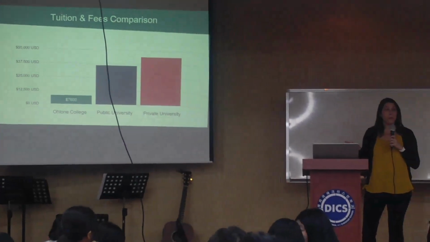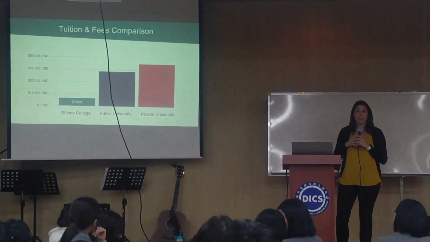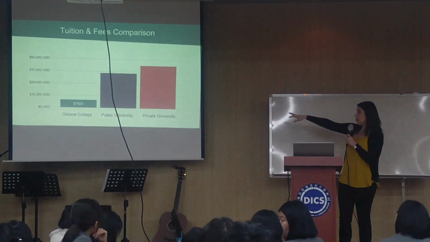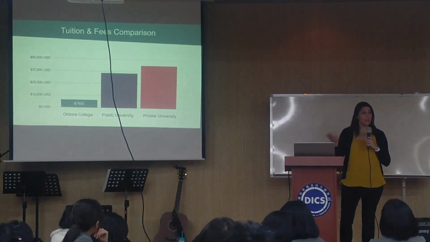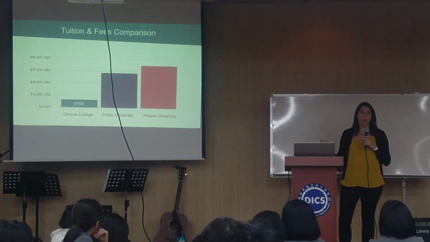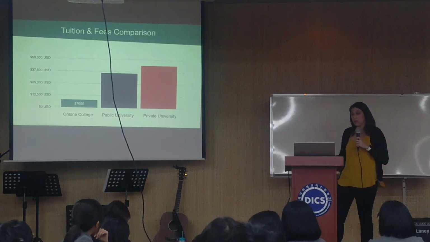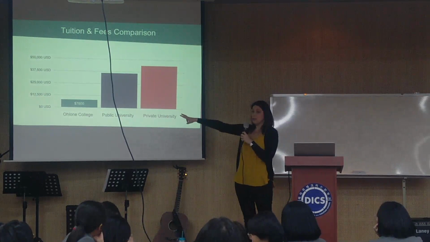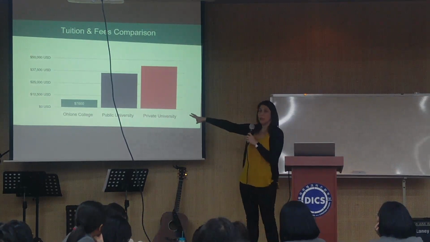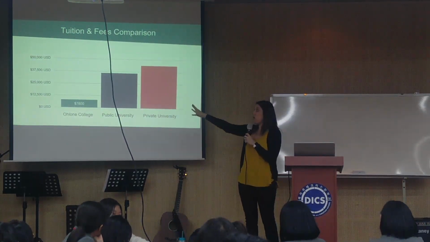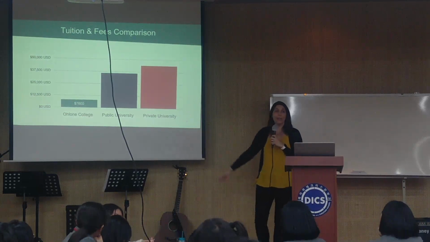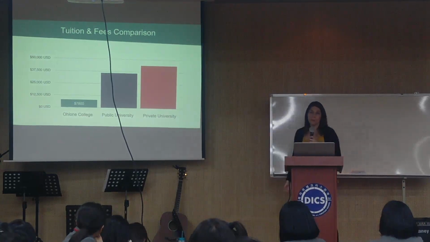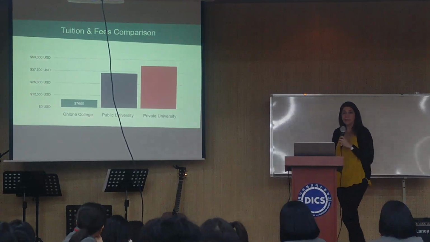Some UCs can pay $40,000 per year for international students. And then private universities like Stanford is in the Bay Area, and those are even more expensive. So you're saving a significant amount of money when you do 2 years at a community college and then 2 years at a public university rather than all 4 years at a university. It makes it much more affordable for students to come and study in the US.